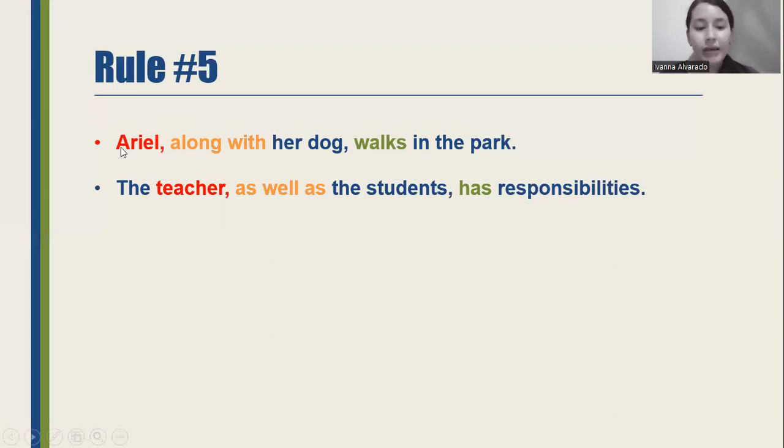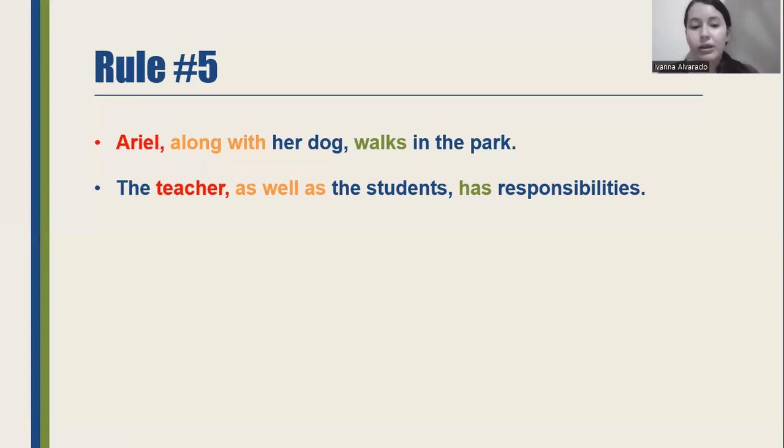The singular subjects in those sentences are separated by phrases such as along with in the first sentence, and as well as in the second sentence. The verb in those sentences must remain in agreement with the subject.